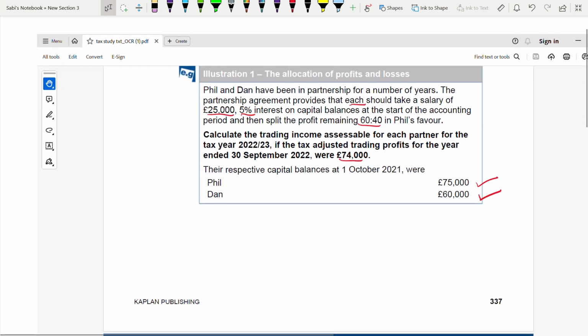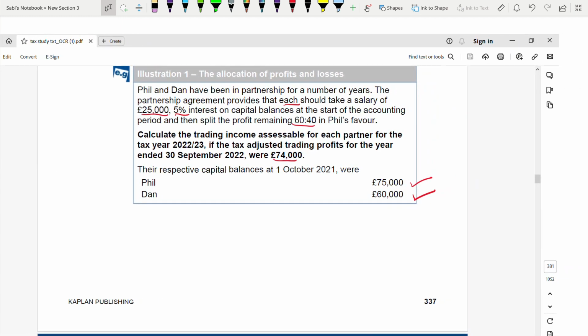First, salary. Because they told us they should first take a salary, then they put a comma, always follow the sequence in which the information is presented. First it was salary, then interest on capital, and then the profit sharing ratio.